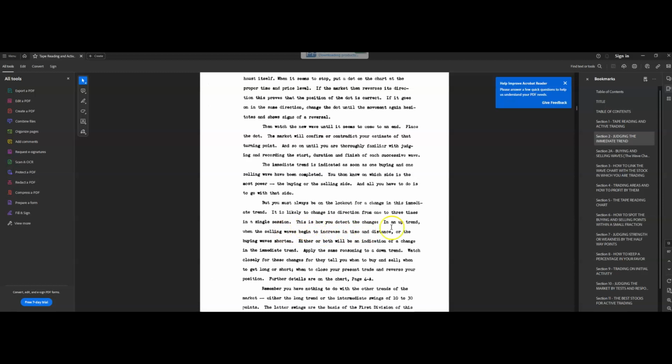So in an uptrend, when the selling waves begin to increase in time and distance, or the buying waves shorten in time and distance, or price and volume, either or both will be an indication of a change in the immediate trend. And you apply the same reasoning to the downtrend.